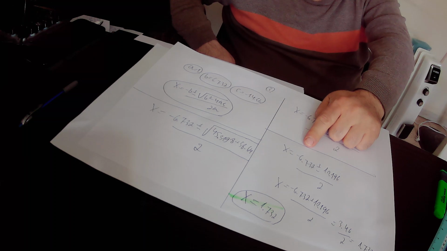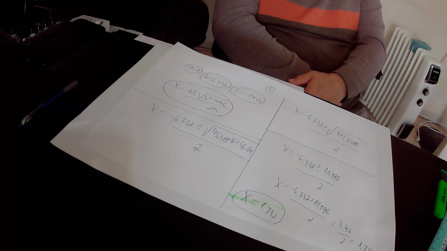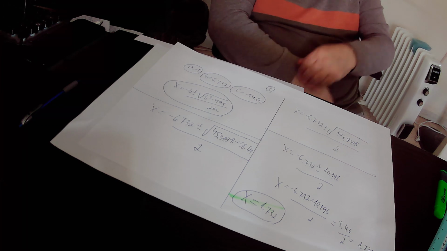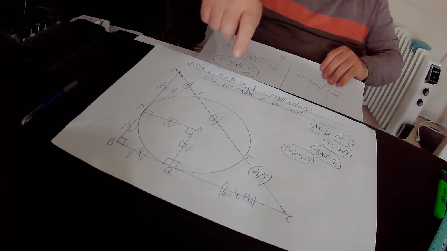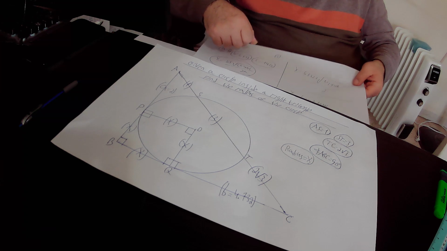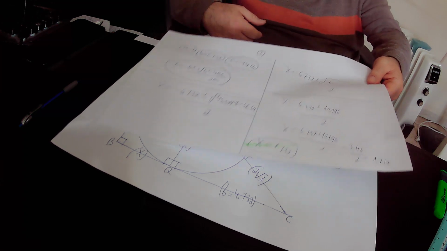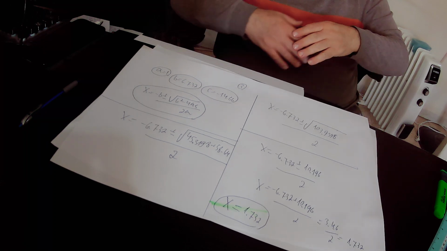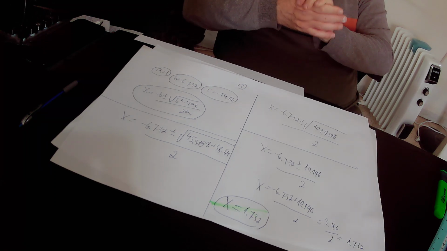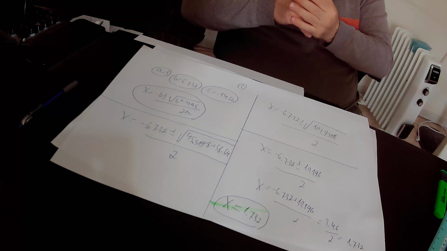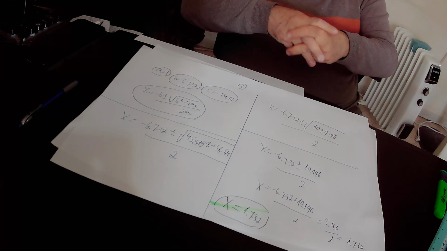One of the solutions is a negative solution, and because x is the length of the radius of this circle, x as a length must be a positive number, and therefore we cancel the negative solution, and we are left only with the positive solution.